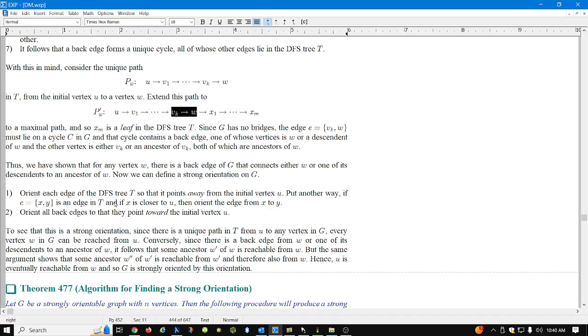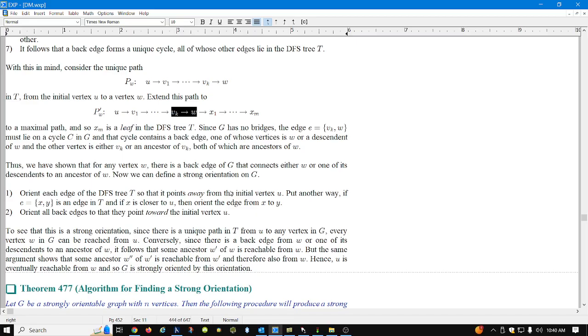That's reachability from U to any place else. But for any vertex W, there's a back edge from W or from one of its descendants to an ancestor of W.